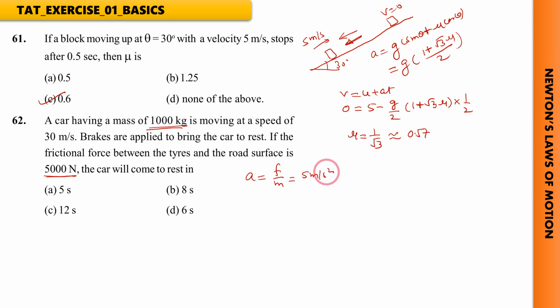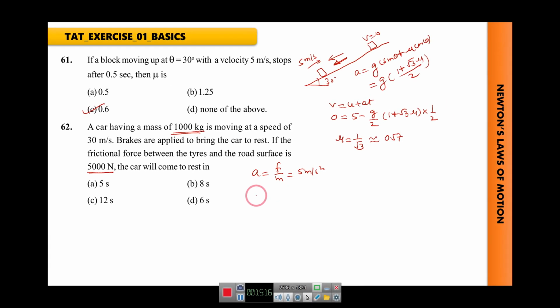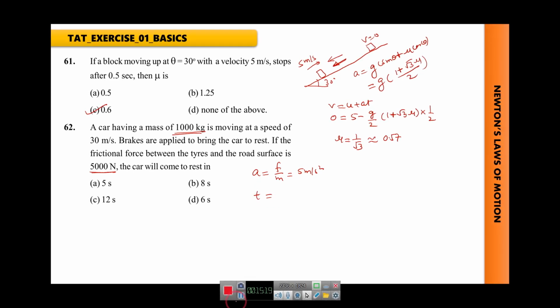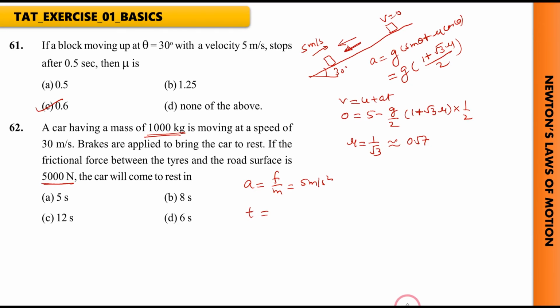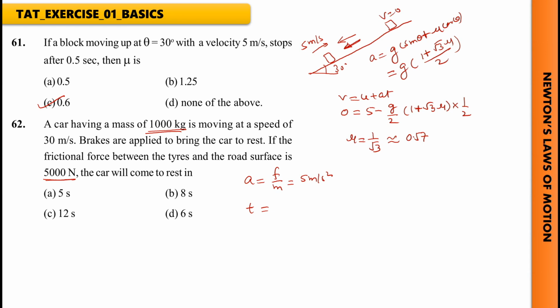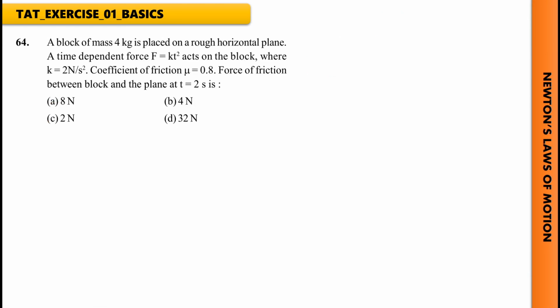Because final velocity is 0, we can use the formula: time equals u upon a, and u was 30, so 30 by 5, it is coming 6 seconds. So the answer is C.